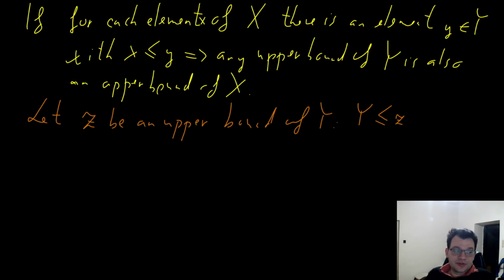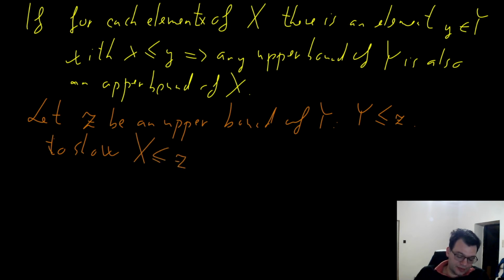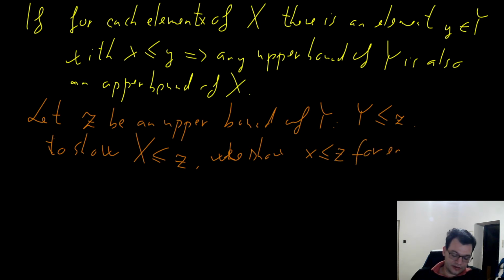So z is just a member of the poset, it's just an element, and Y is a subset of the poset. Now I want to show that z is an upper bound of X. We have to show that x is smaller than or equal to z for each member x of X. Yeah, that's the definition of being an upper bound, for each x of X.